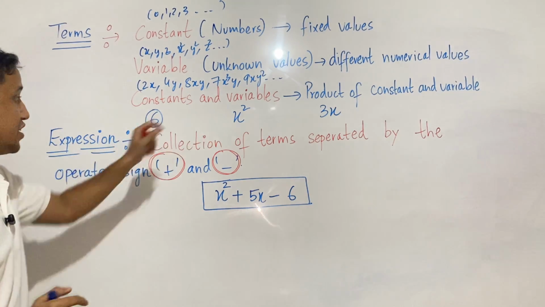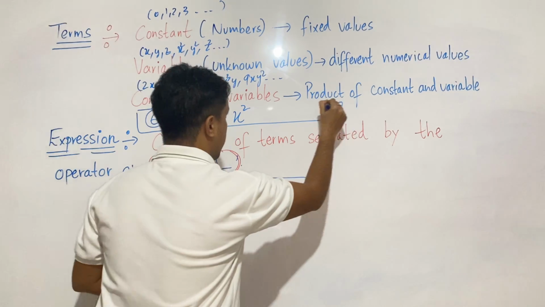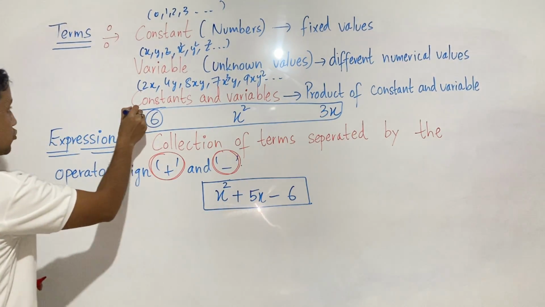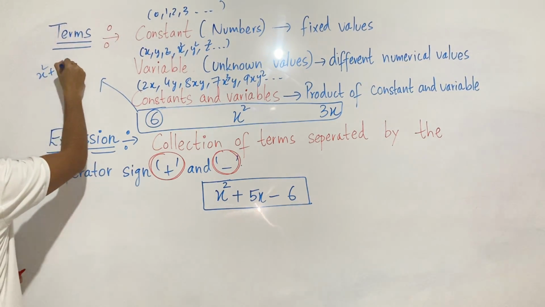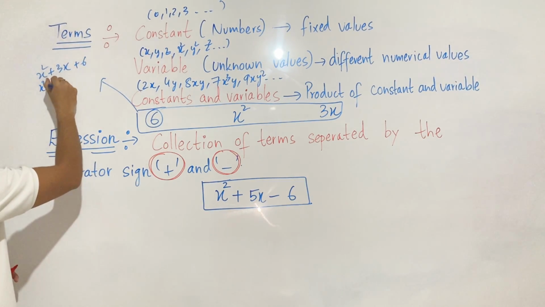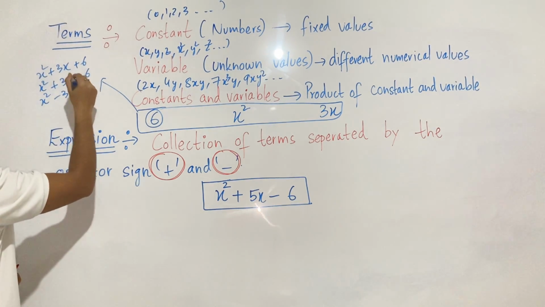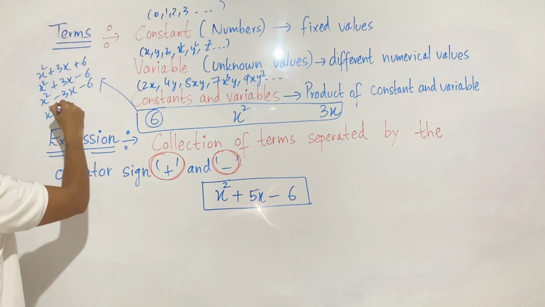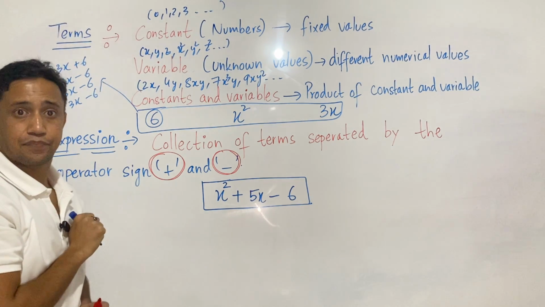So the possible scenarios for building the expression from these three terms could be x square plus 3x plus 6, or x square minus 3x plus 6, or x square plus 3x minus 6, or x square minus 3x minus 6, right?